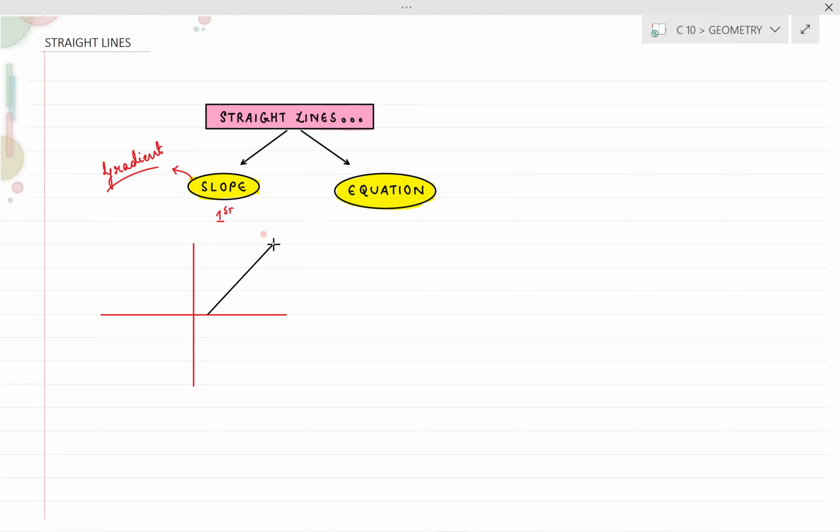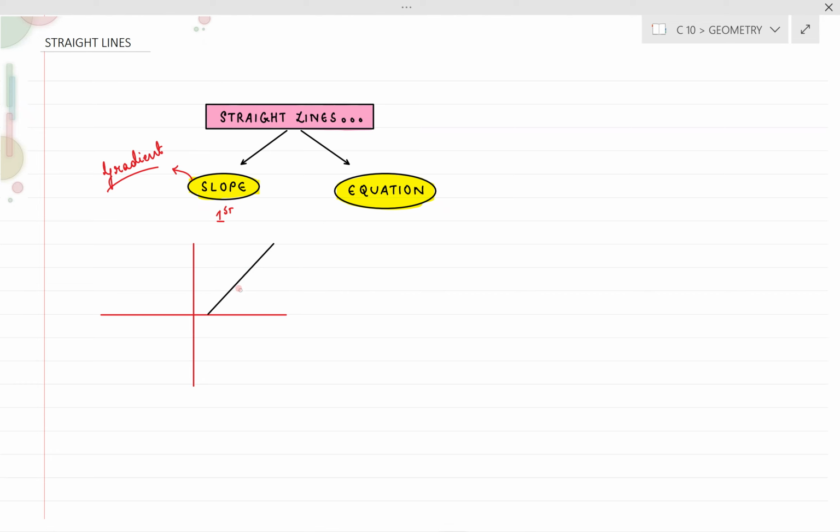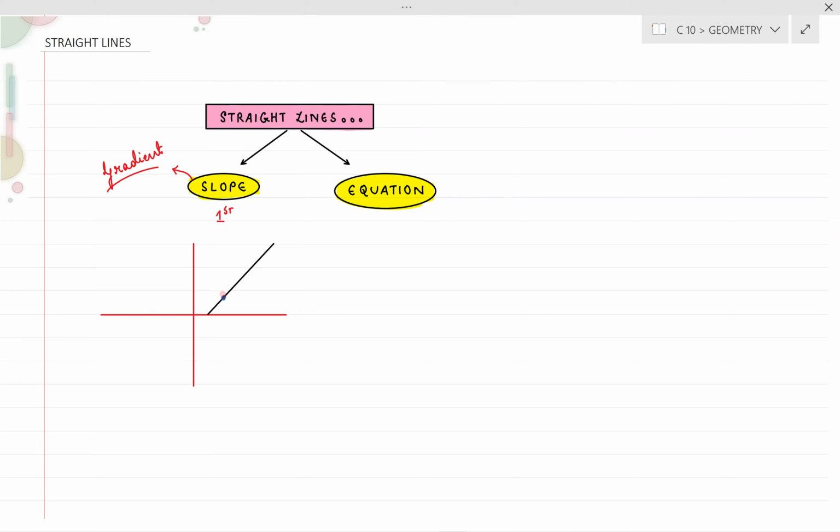Suppose this is a straight line on this graph. Now let us consider two different points on this straight line. Let this be point number 1 and let this be point number 2.